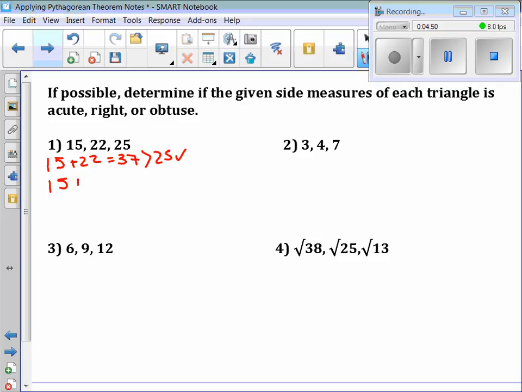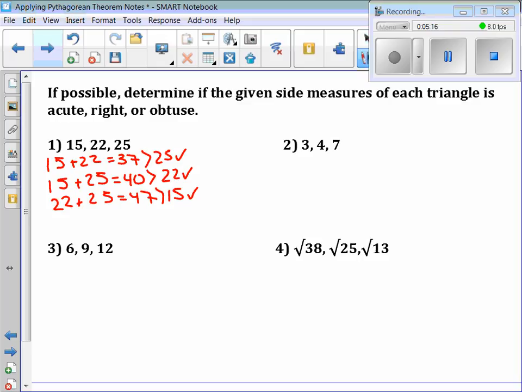So 15 plus 25 gives us 40, which is greater than our third side of 22. So far, so good. We have one last option to check out: 22 plus 25 gives us 47, which is greater than 15. So this one does form a triangle. That means we can move to step 2.